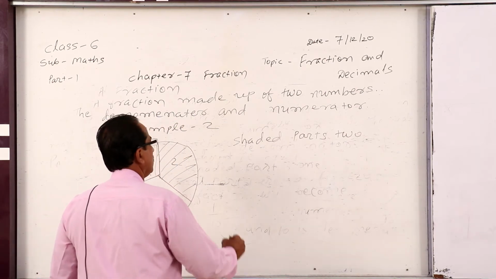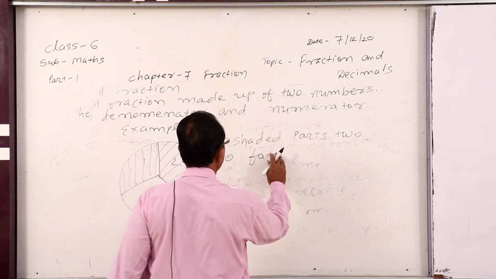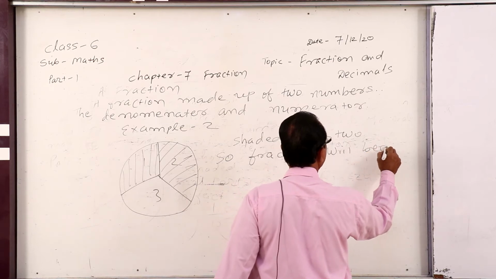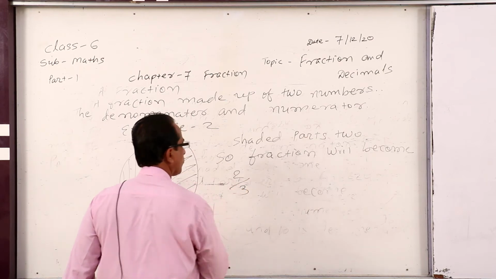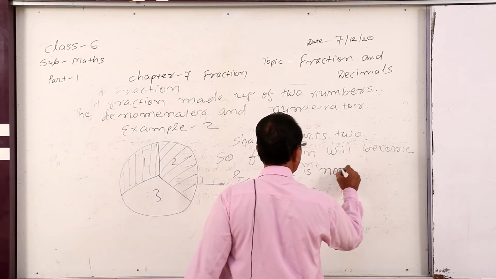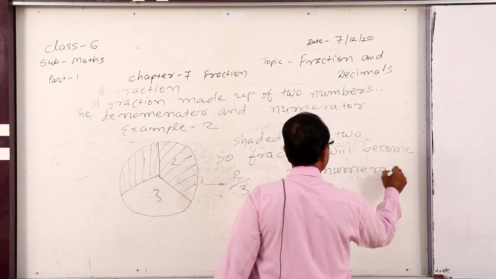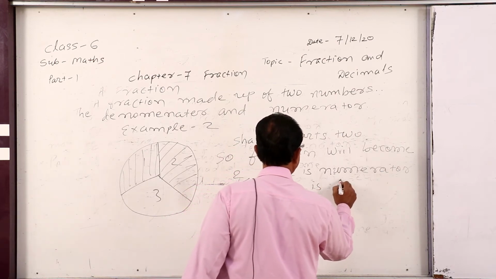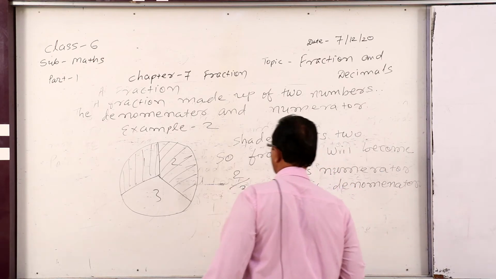So the fraction will become 2 upon 3. 2 is the numerator and 3 is the denominator.